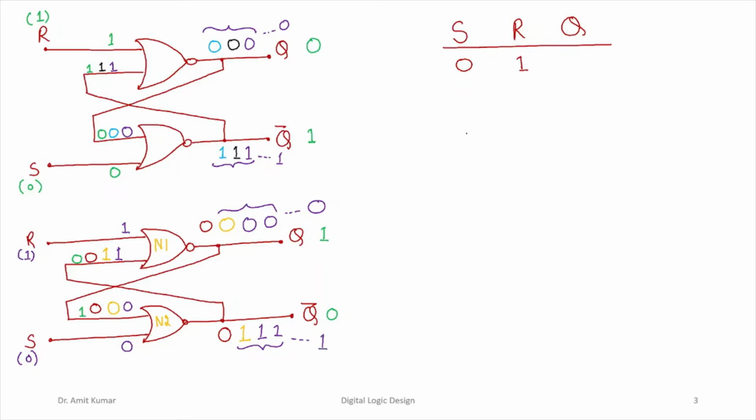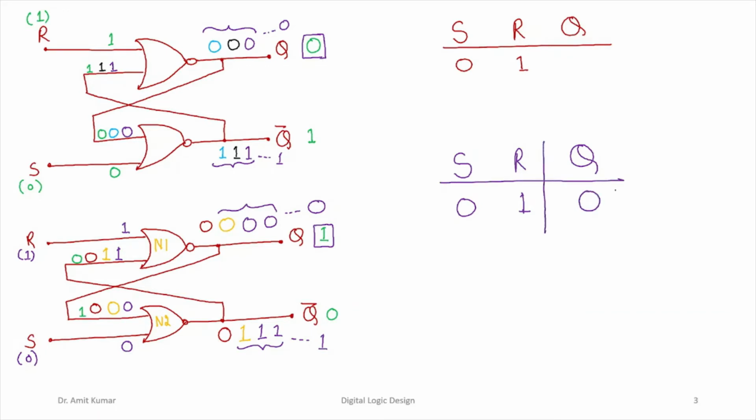So what basically we can say is, if the input S is a 0 and the input R is a 1, in an SR latch using NOR gates, irrespective of the previous value present at the output terminals, whether the previous value may be a 0 or a 1, it is always going to be set to a 0.